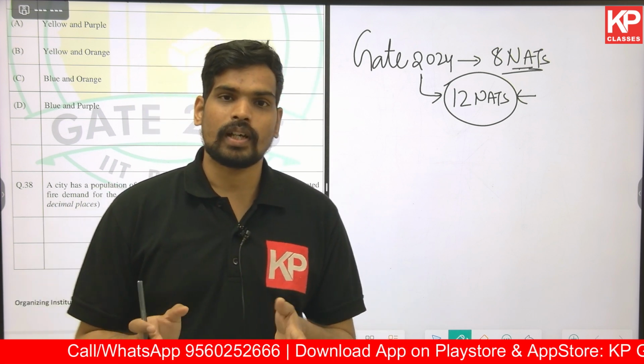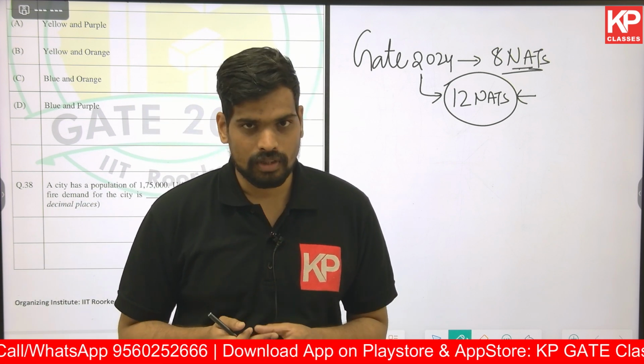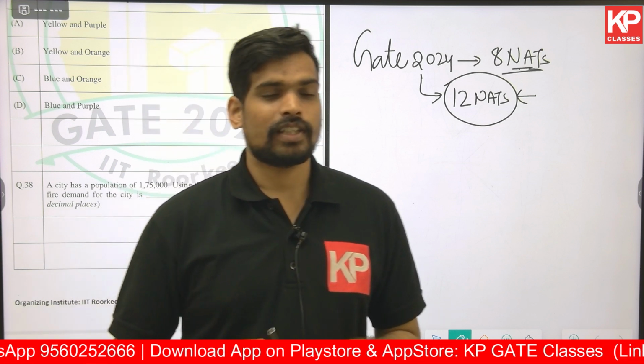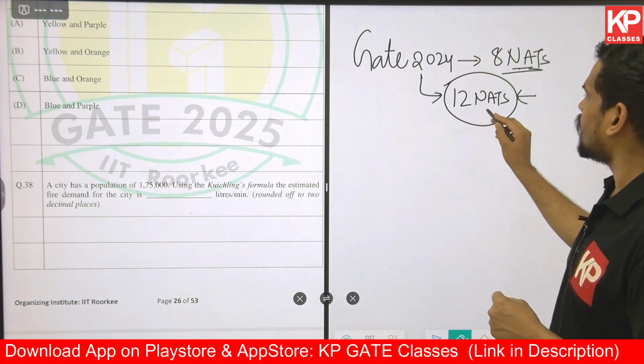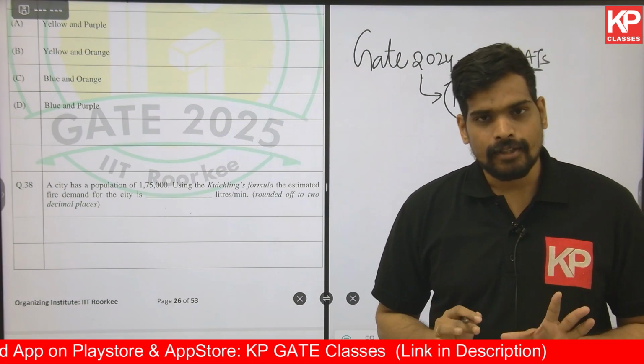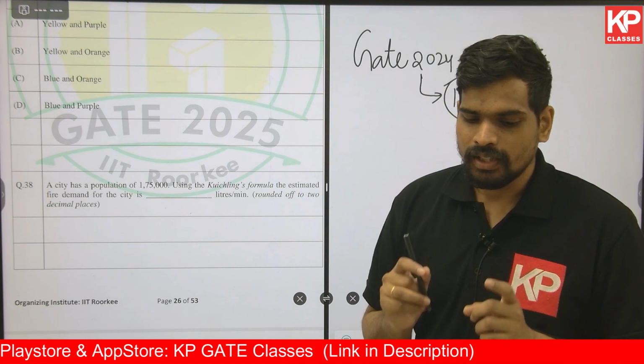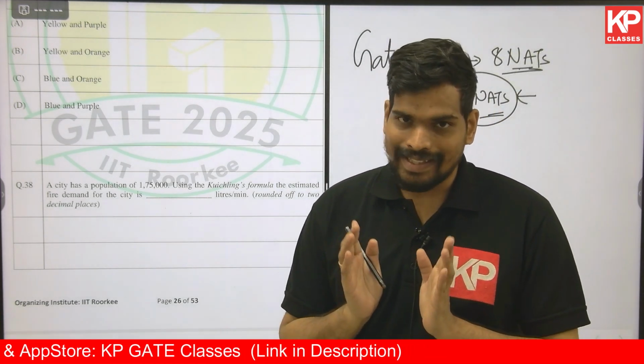So the distribution of numericals was not the same for both parts. That's a minor observation, but more important is that the number of numericals has increased drastically compared to last year's paper. That can make the paper look a bit lengthy.